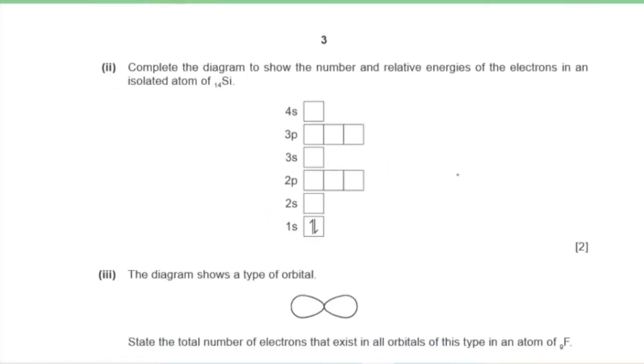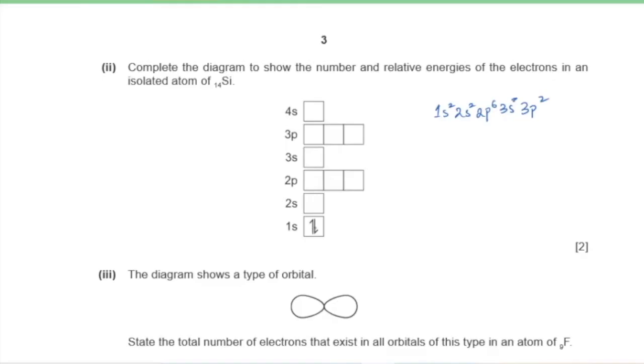Part 2. Complete the diagram to show the number and relative energies of the electrons in an isolated atom of silicon-14. So silicon has the configuration of 1s2, 2s2, 2p6, 3s2, and 3p2. Now we have to start filling each orbital of a subshell, meaning first we'll give an electron to all 3 boxes of 2p and then give them their pairs, and then we will proceed to the next level.